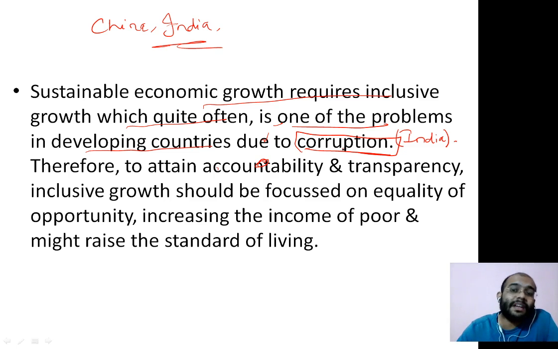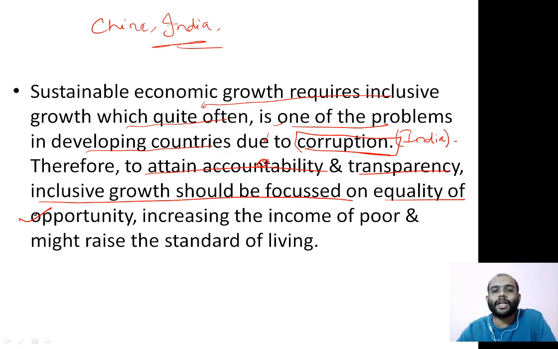Eliminating it from society is a Herculean task. I would rather say that making India completely corruption free and honest is very difficult. Therefore, to attain accountability and transparency, inclusive growth should be focused on equality of opportunity, increasing the income of the poor and raising the standard of living.